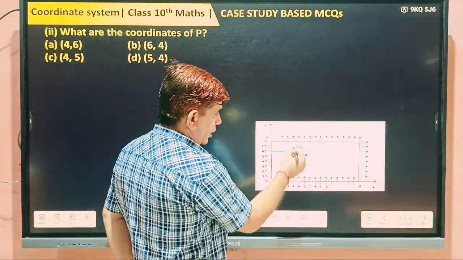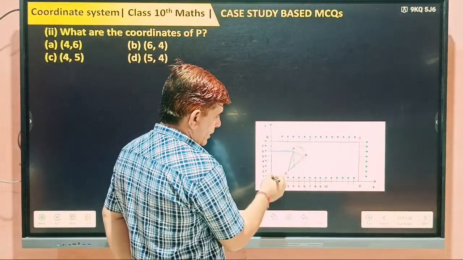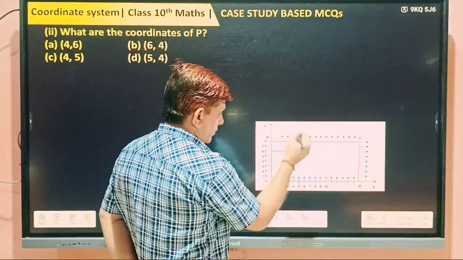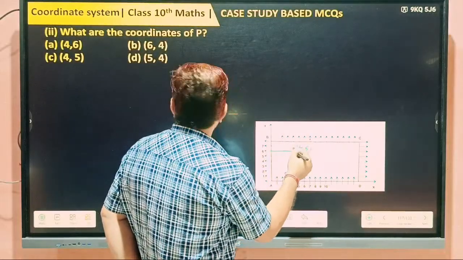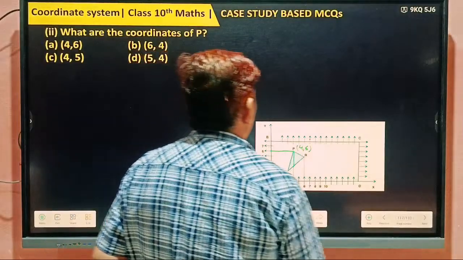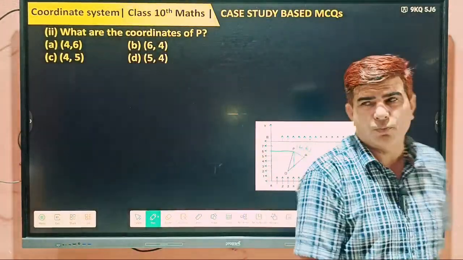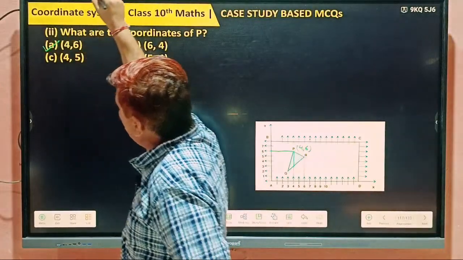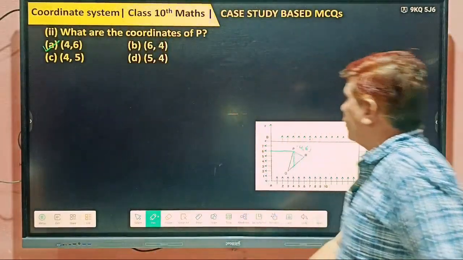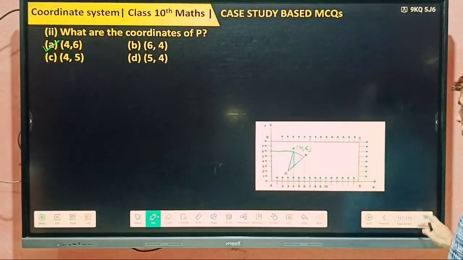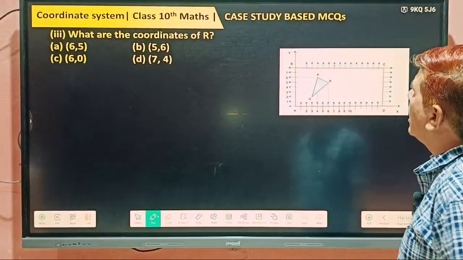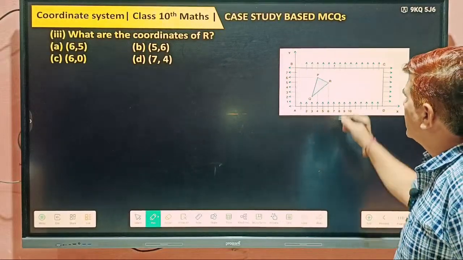And the distance from the x-axis: 1, 2, 3, 4, 5, 6 units. So the coordinates of point P are 4 and 6. Understood, I think. Next, what are the coordinates of R? R is this.